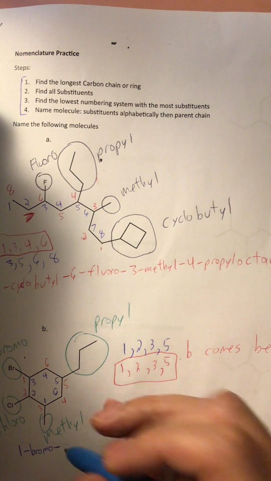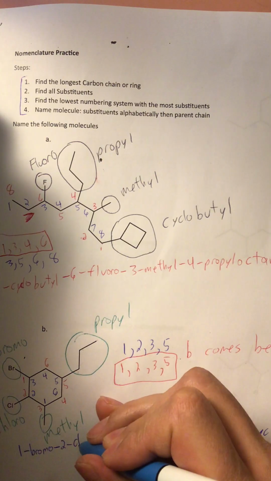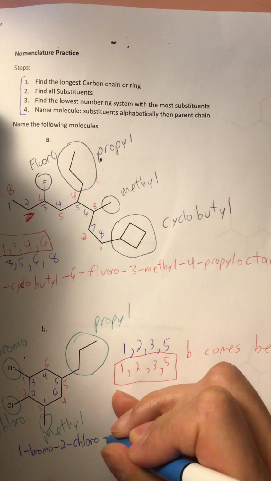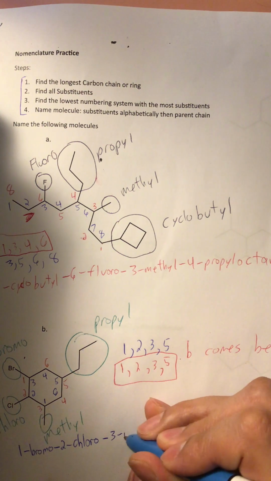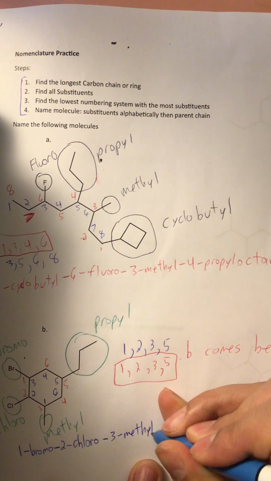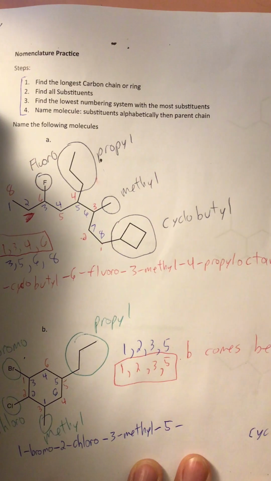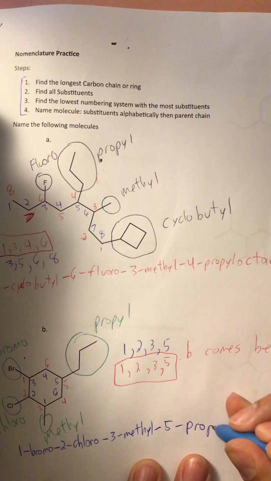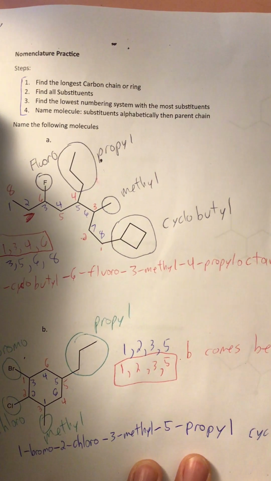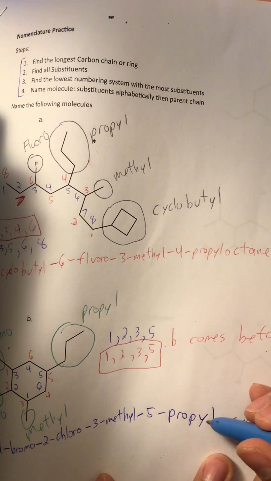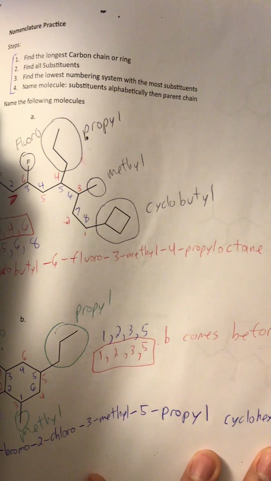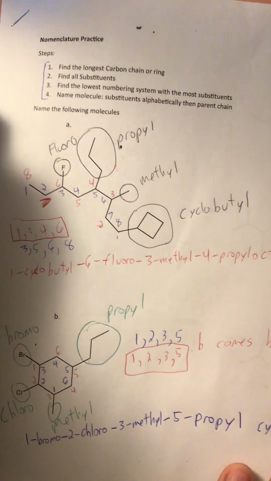Hopefully I did this right so it all fits. 2 chloro, 3 methyl, 5 propyl. Cyclohexane. No space. That's supposed to be all one word. When you get to the end of the substituents, there's no dash or anything to get to the end of the cyclohexane. It all goes together like that.